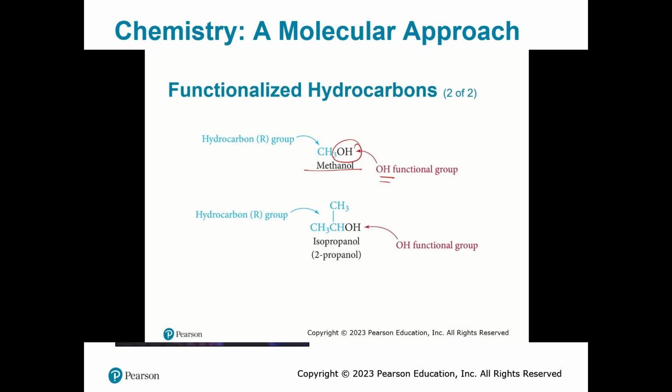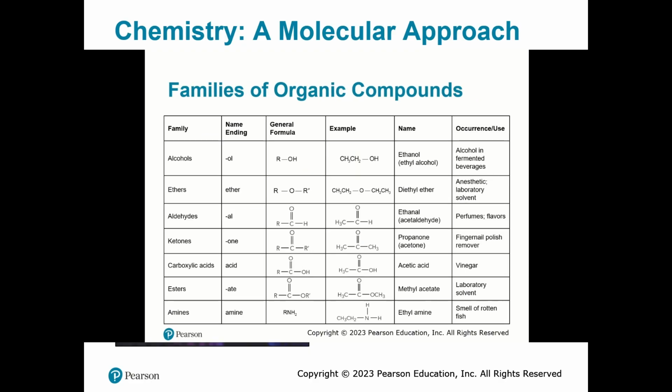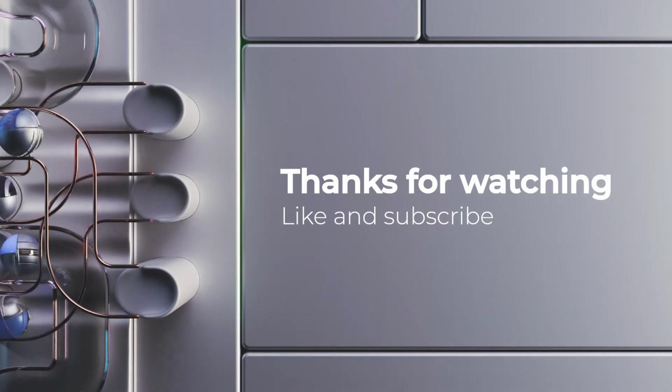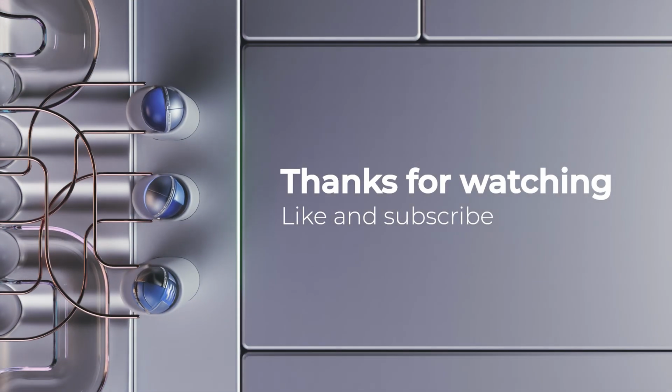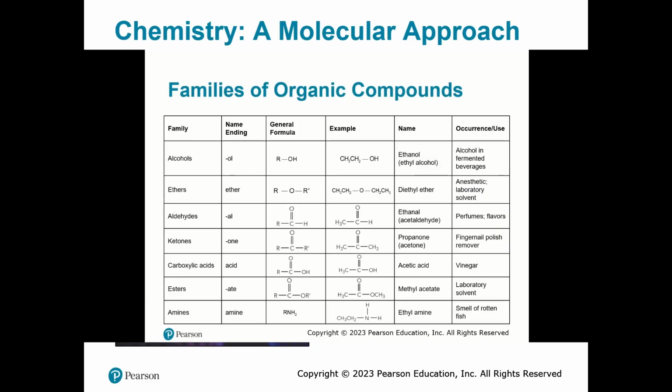In here, the same thing, I have this functional group, and all the other elements are carbon and hydrogen. Here I have methanol and here isopropanol. So we have different functional groups. Besides alcohols, I have ethers, aldehydes, ketones, carboxylic acids, esters, amines. All these are functional groups. You will see them better with more details in organic chemistry.